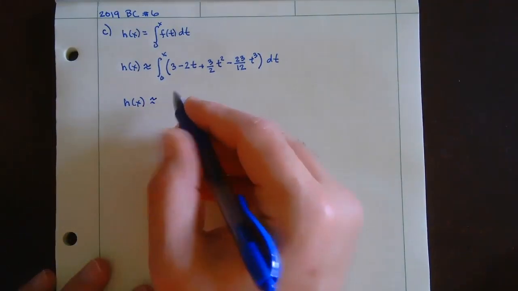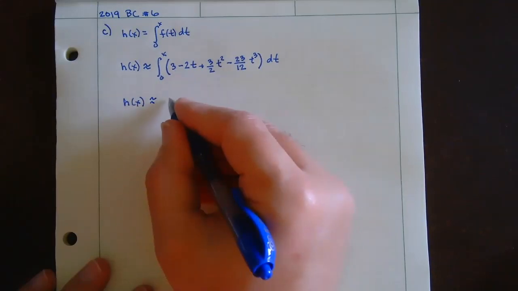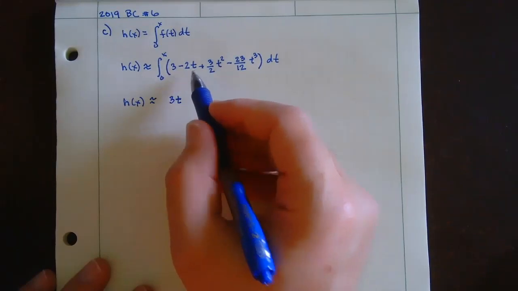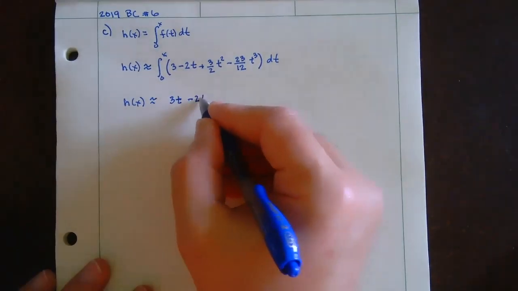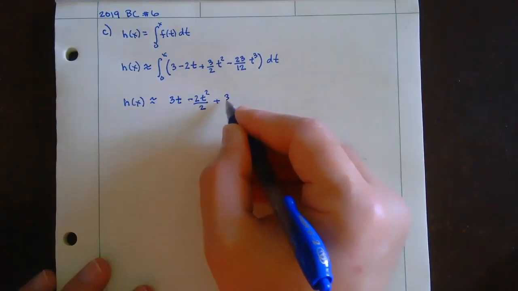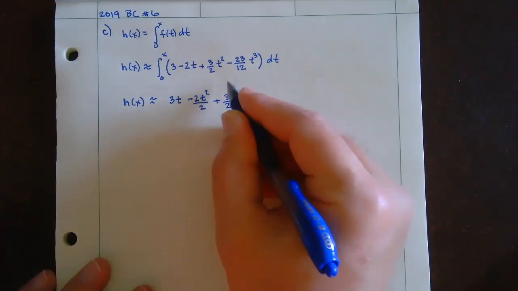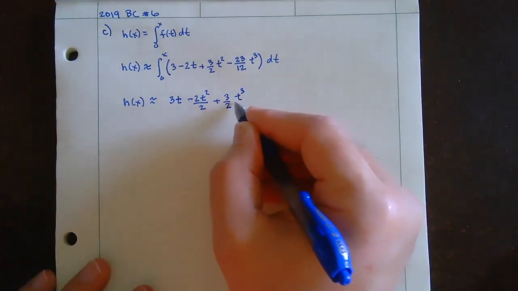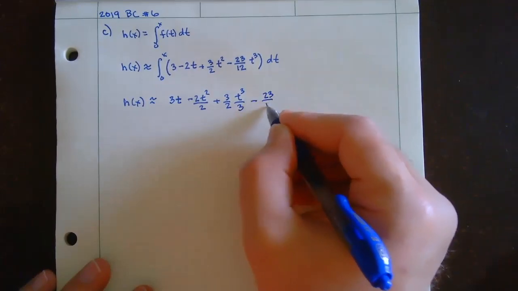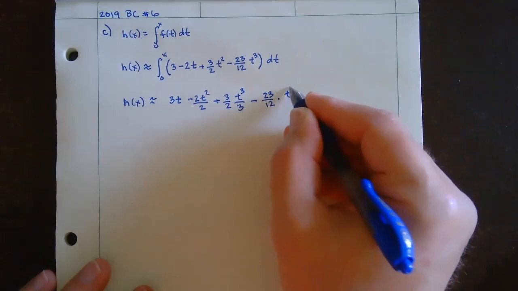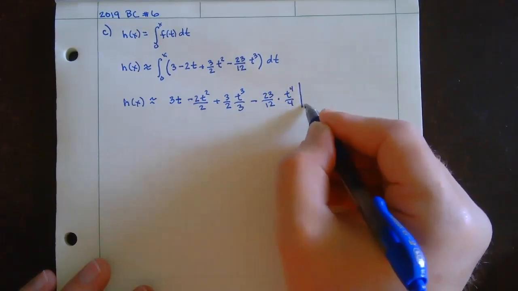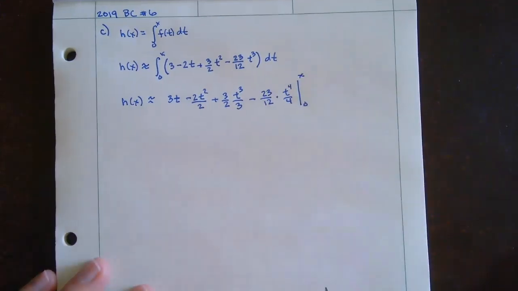So this would be 3t minus 2t squared over 2 plus 3/2 t cubed over 3 minus 23/12 times t to the 4th over 4. And then we're going to evaluate this from 0 to x, okay?